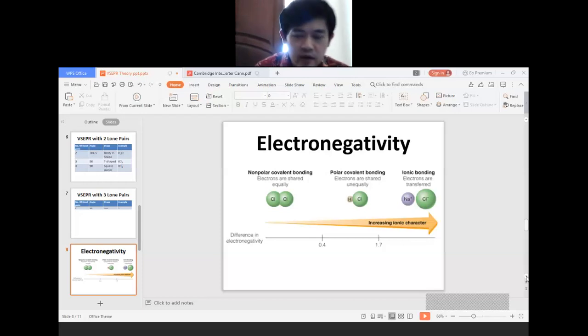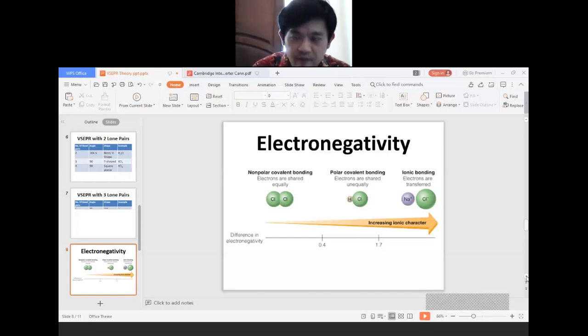If there is an electronegativity difference, we call this molecule polar. It occurs with HCl. In HCl, the electrons are shared unequally. Unequally means there is an electronegativity difference between hydrogen and chlorine. That makes the HCl become polar.